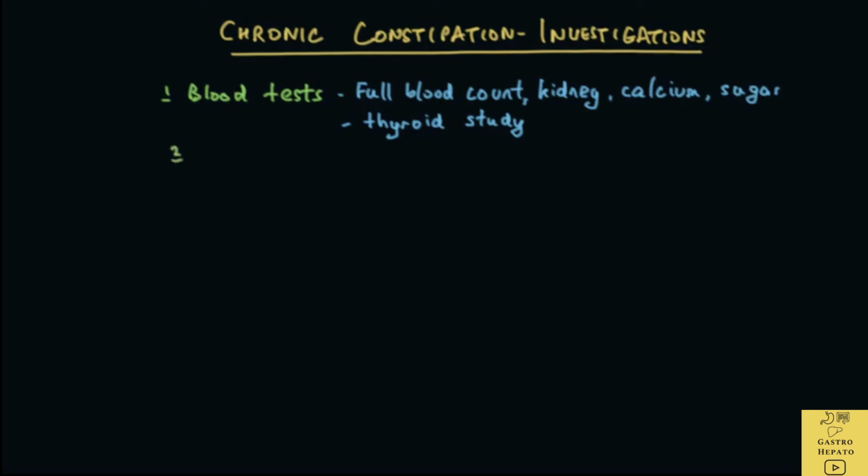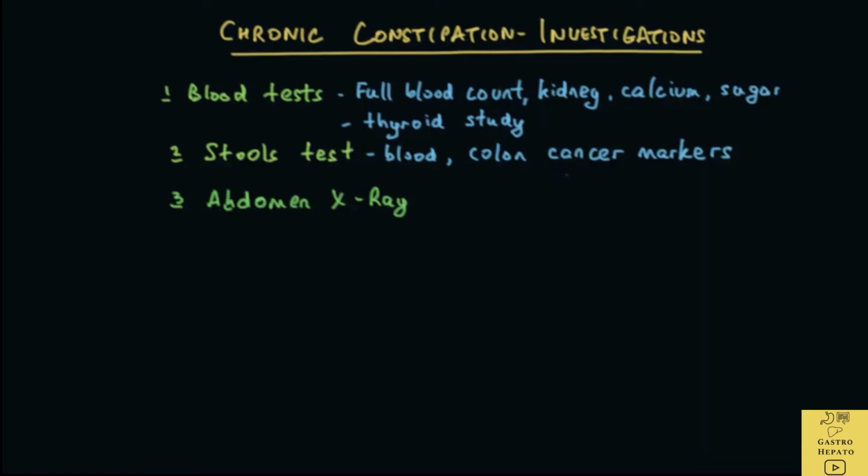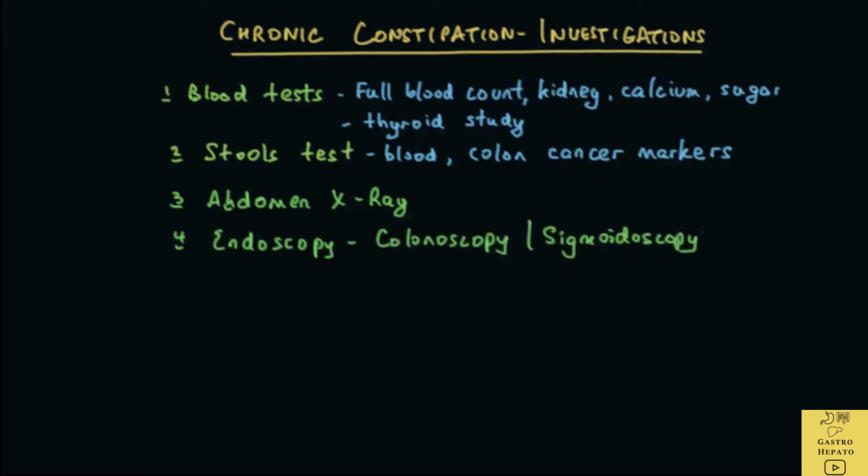Sometimes the doctor might do a stools test to look for blood in the stools or colon cancer markers. Abdomen X-ray if blockage of intestines is suspected. Endoscopy called colonoscopy or sigmoidoscopy to examine the colon and rectum. These tests are usually done if cancer is suspected.